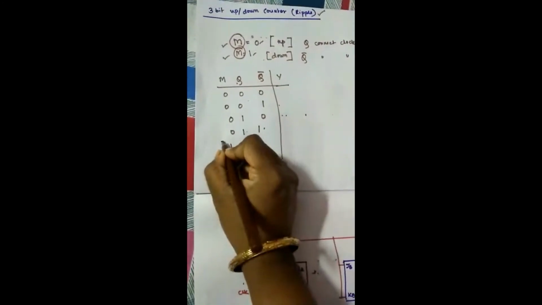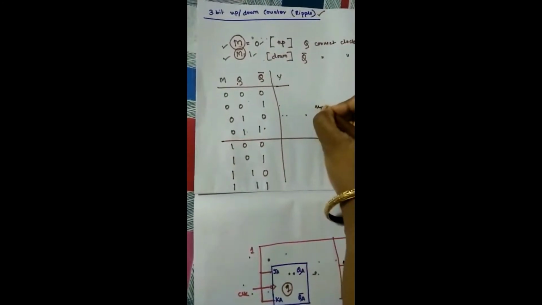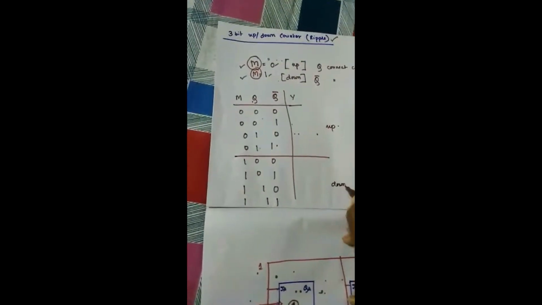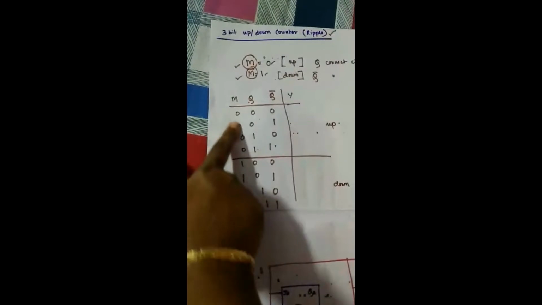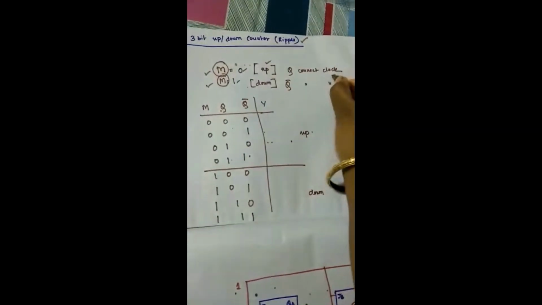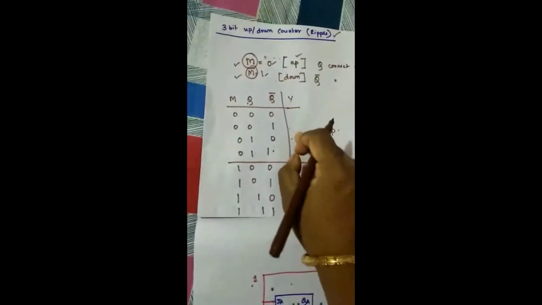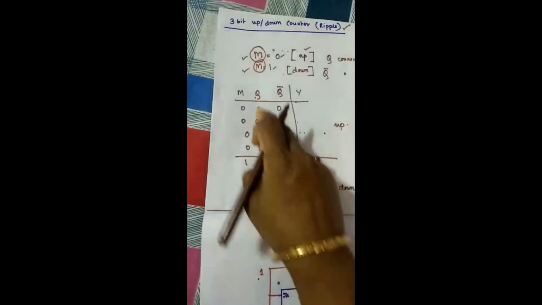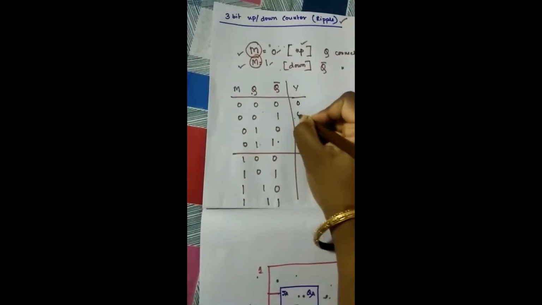Up to this combination it will count up, and from this combination it will count down, right? Because in these 4 cases M is equal to 0, so it will count up. For that particular case Q is connected to the clock, so the output will be the value of these Q inputs. So this will be 0, 0, 1 and 1.